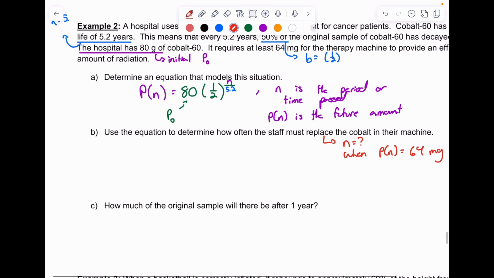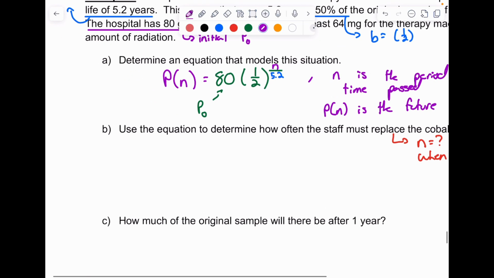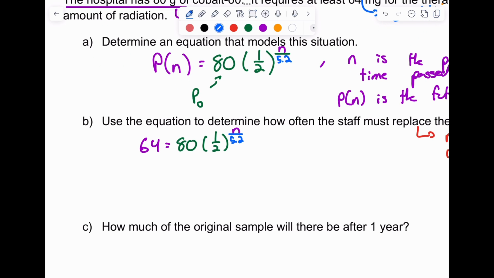So what we are looking for is 64 equals 80 times 1/2 to the n, divided by 5.2. Okay, so what you need to do is guess and check.